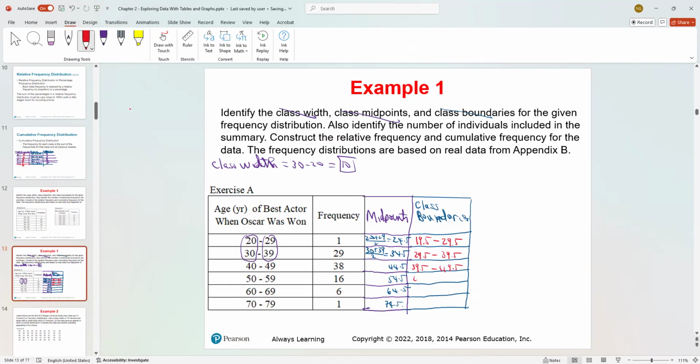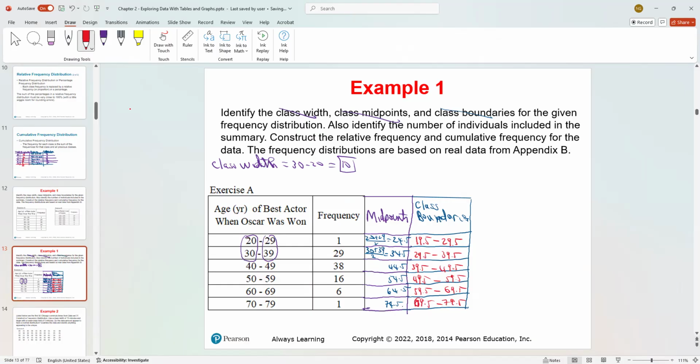49.5. Now, 49.5, 59.5. 59.5, 69.5. 69.5, 79.5. So what you see in the class boundaries is that the upper limit of the previous class becomes the lower limit of the current class, right?